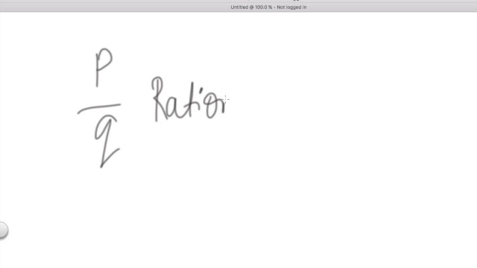Any number which you can express in the form of P by Q becomes a rational number. Now, why is a number which is written in the form of P by Q a rational number? Let us try to understand where the word rational comes from.